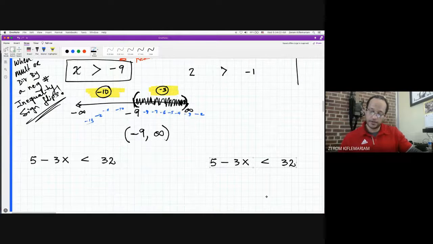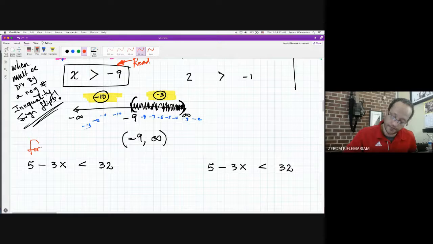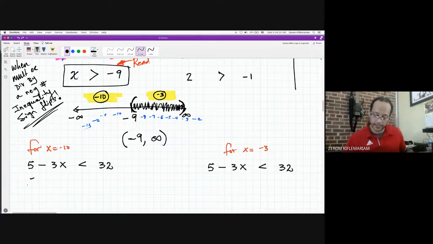So since I'm claiming the answer is supposed to be that, over here we are going to use x equal to -10, over here x equal to -3. So when I plug in -10, what happens? Let's go lazy, paste.